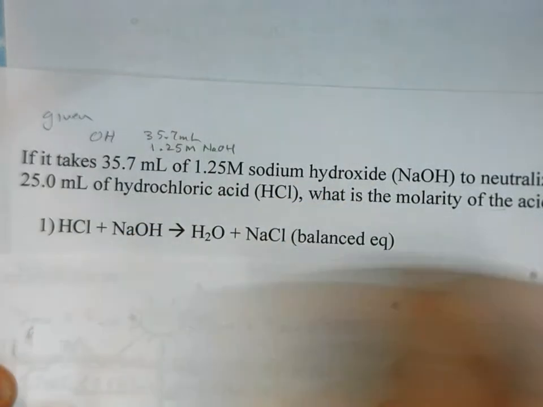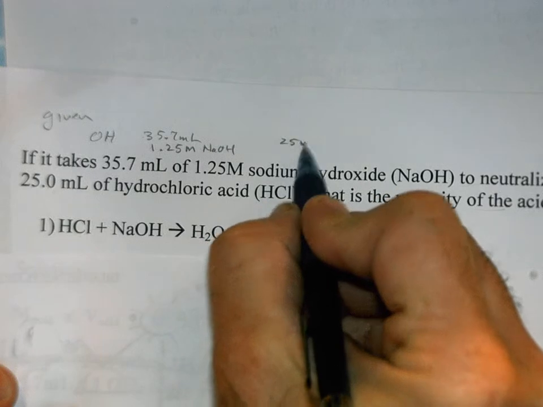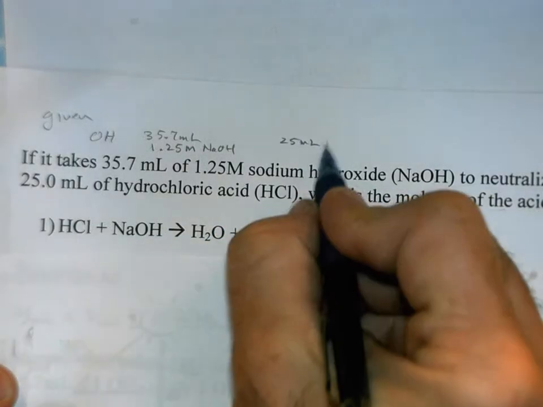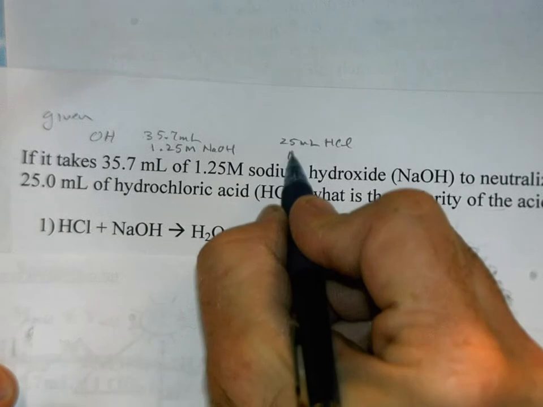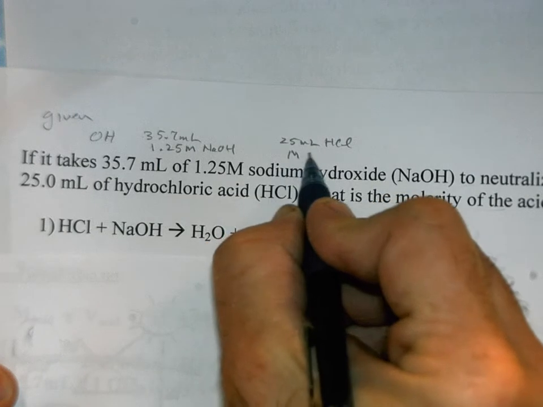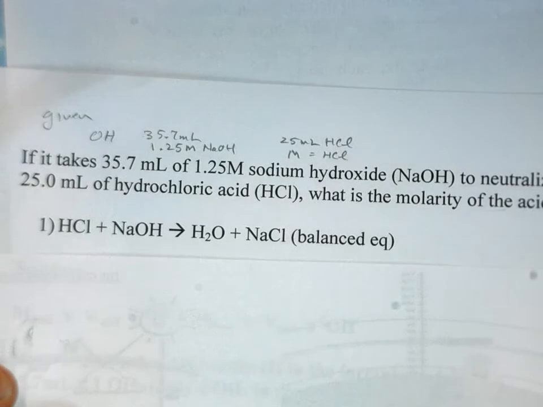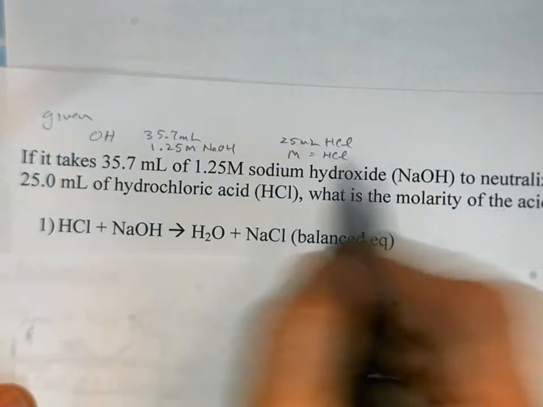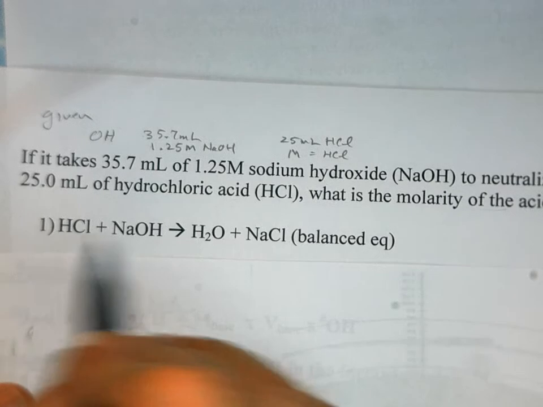And we want to neutralize 25 milliliters of HCl. And we're going to be looking for the molarity of the HCl. And we know the equation from what we just did before. So we got the givens put in. I guess the next thing we need to write is the balanced equation.